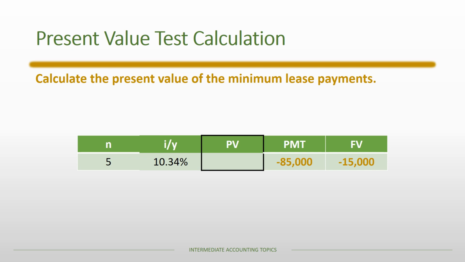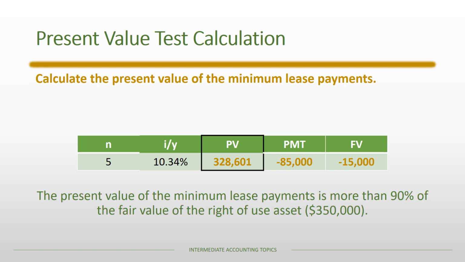That's why instead of $50,000, it's only $15,000 as the FV. And so the present value is $328,601, and that is more than 90% of the fair value of the right of use asset. So in this case, both the lease life test and the present value test suggest that this is a finance lease. And so we're going to treat it as a finance lease.